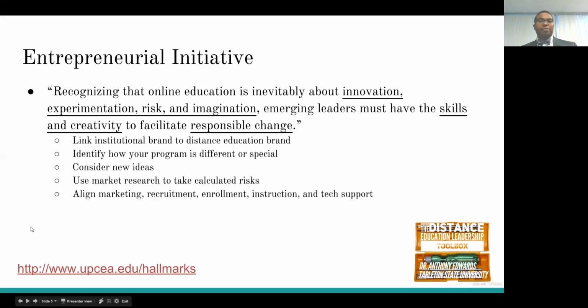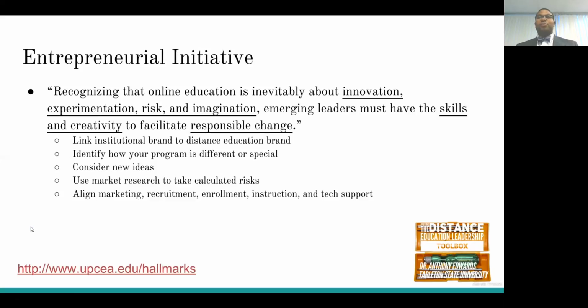Skills and creativity. I think it's a combination of both the hard skills and the soft skills. You have to have your skills, obviously, in distance education to deliver the services to faculty, staff, and students, but it also sometimes requires creativity in how you sell that to people on campus or to external stakeholders.